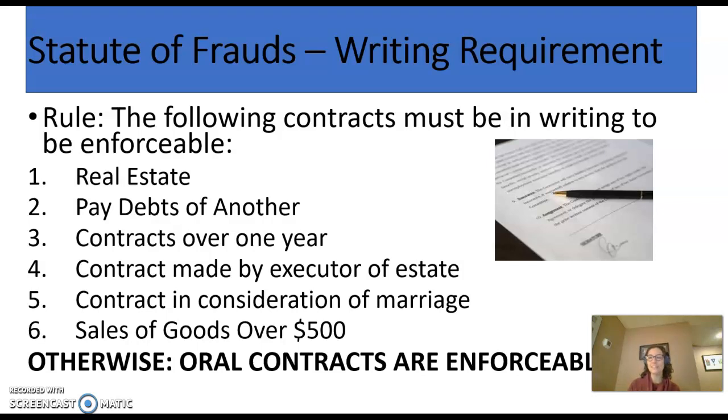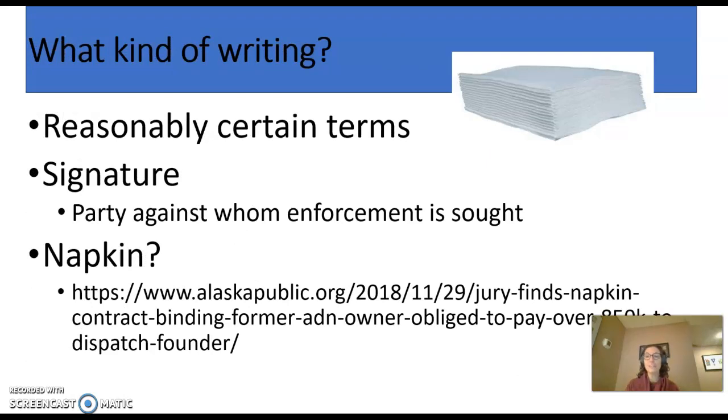So the last thing to talk about in this unit is when we say a contract must be in writing, what are we talking about for that writing? What does that writing have to look like? A lot of our contracts are on the computer, 8.5 by 11 typed paper with signature lines and dates. But the truth is the rule is not nearly as strict as that.